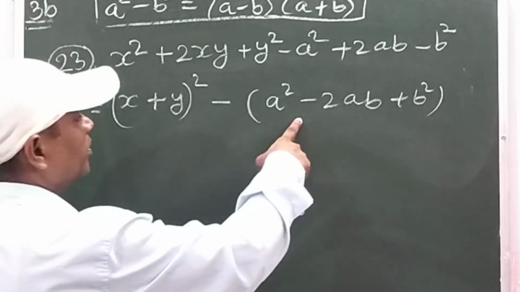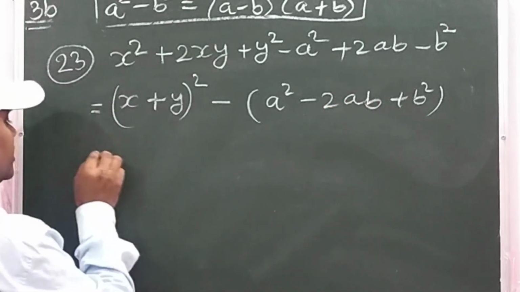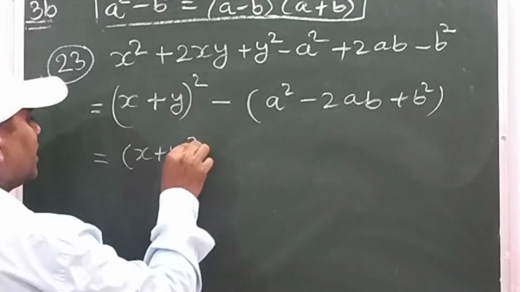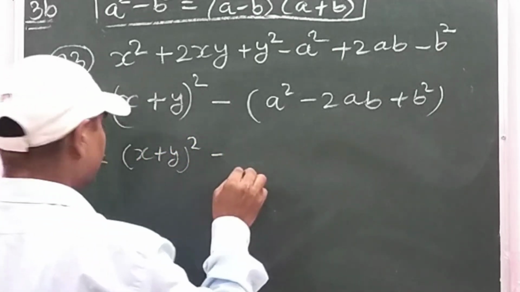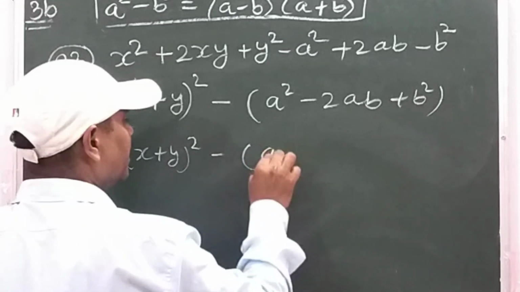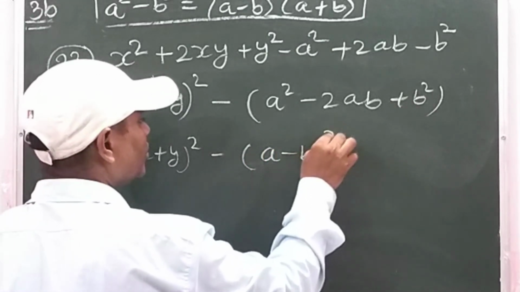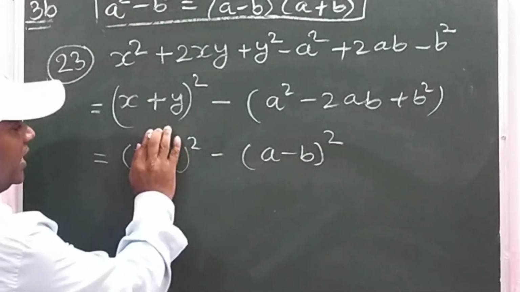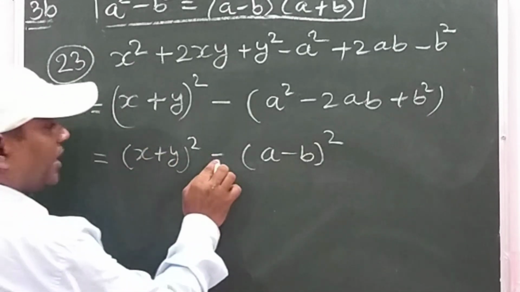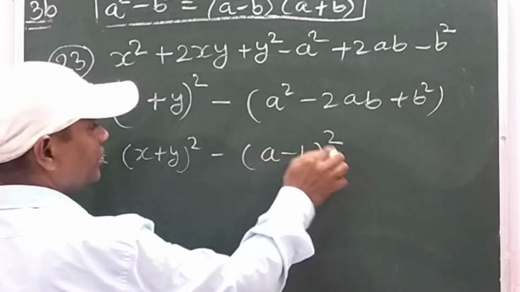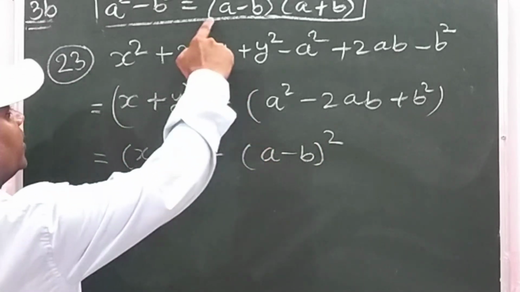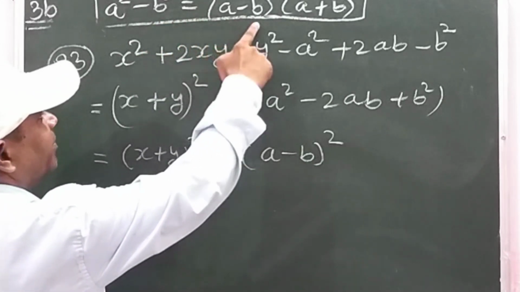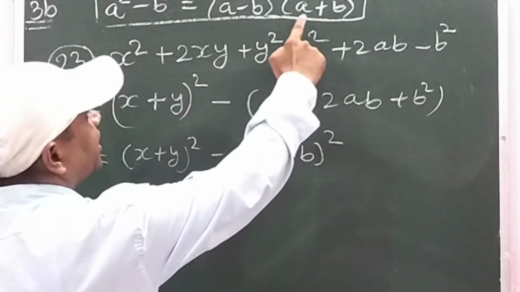Now this is also a formula of a minus b whole square. So we can write here x plus y whole square minus a minus b whole square. If we assume this whole part as a square and this whole part as b square, then according to the formula a square minus b square is equal to, in one bracket a minus b, in another bracket a plus b.